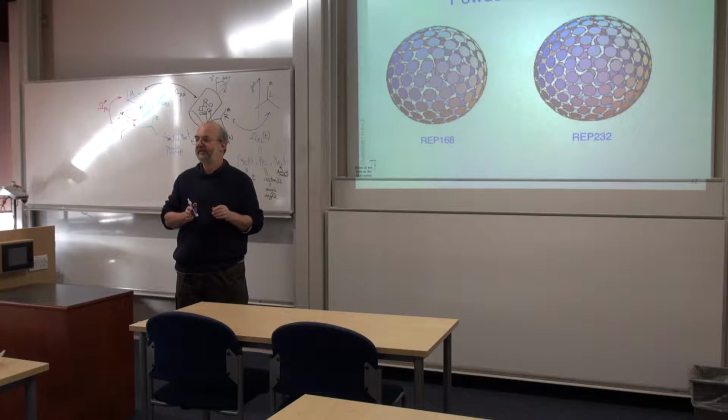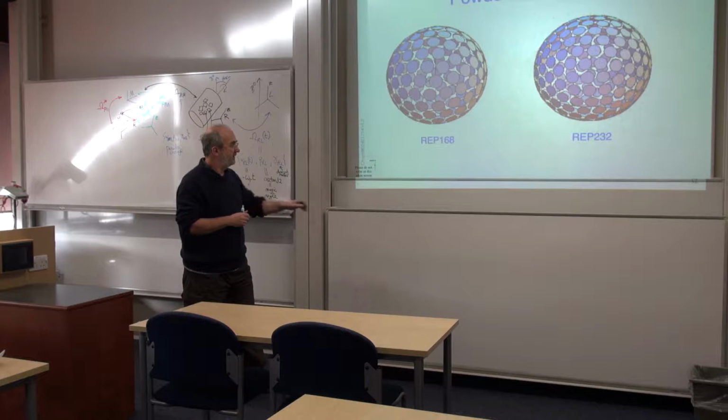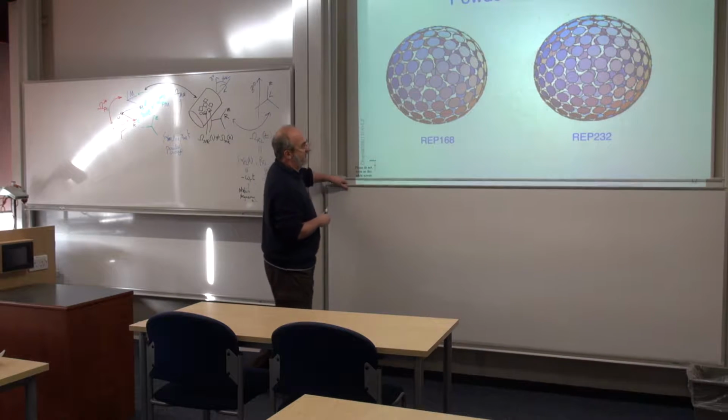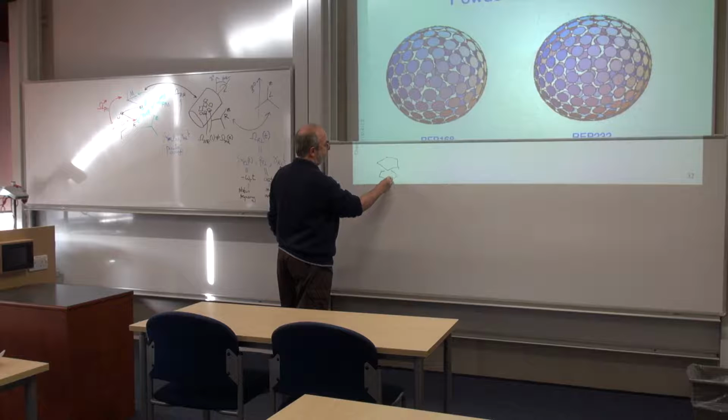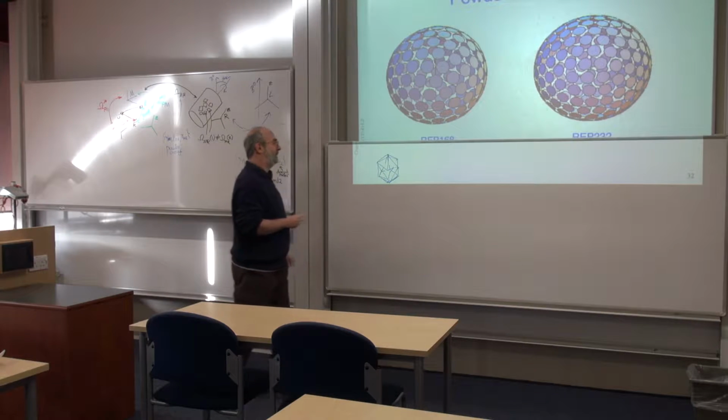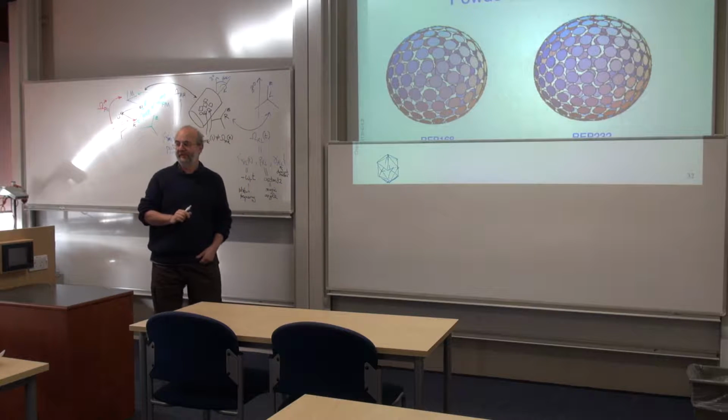They're the vertices of an icosahedron, which somehow looks like this. You have two pentagons like that, something on top, and then these go nicely like this. Anyway, you have an icosahedron that's got 12 vertices.